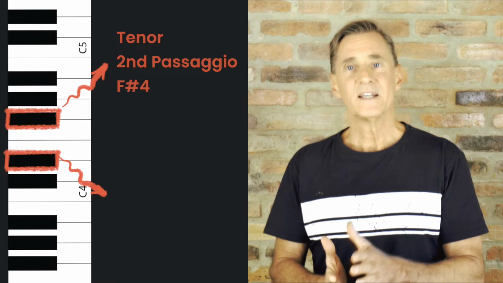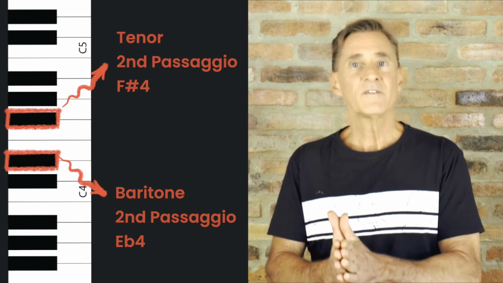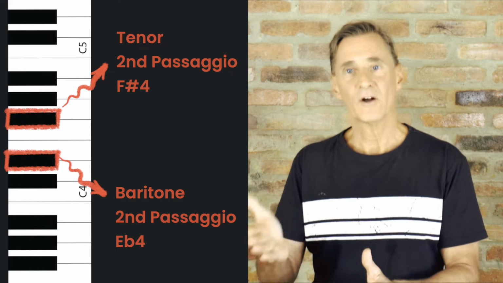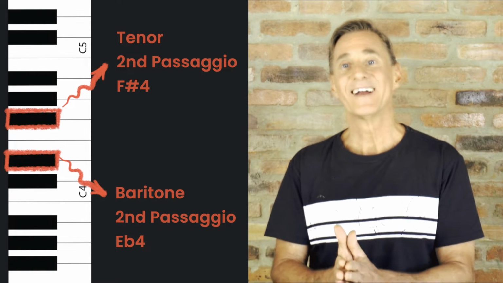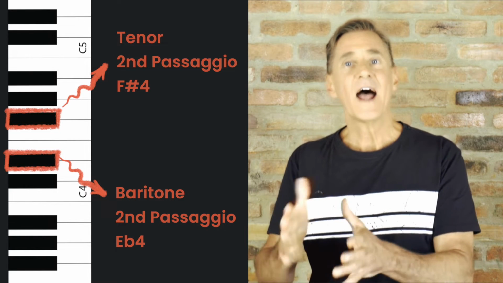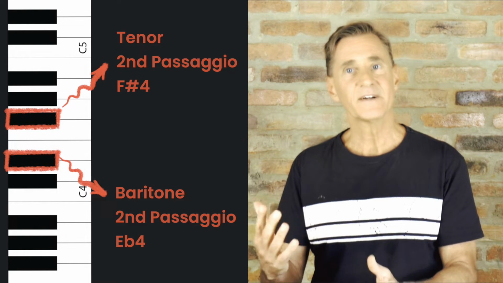The main passaggio for the tenor voice is the F sharp 4, also called the G flat 4. And it can be plus or minus a half step depending on if you're a very dramatic tenor or a lyric tenor.